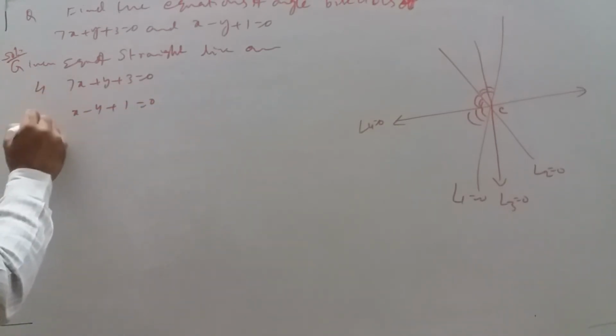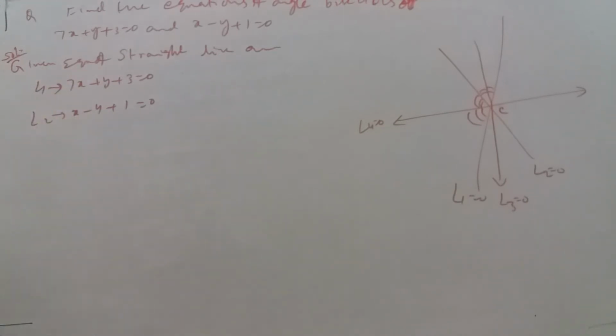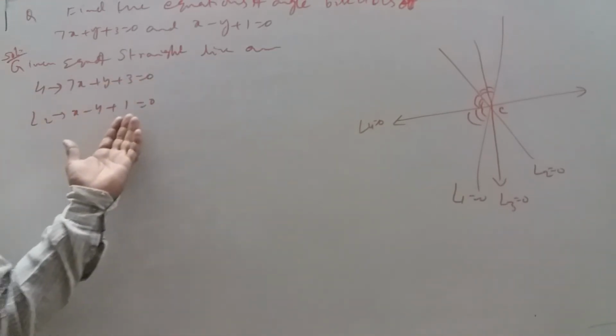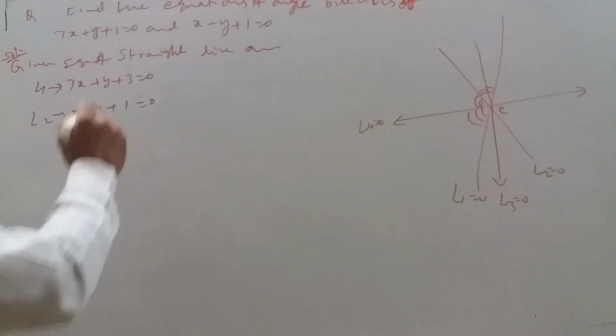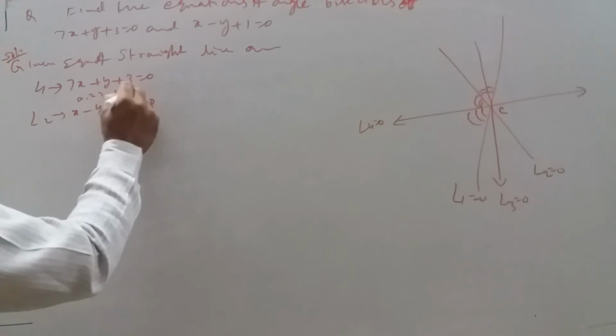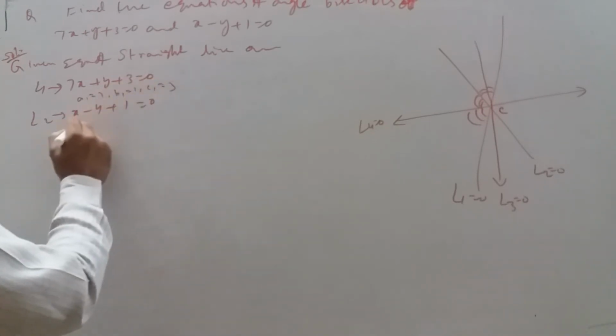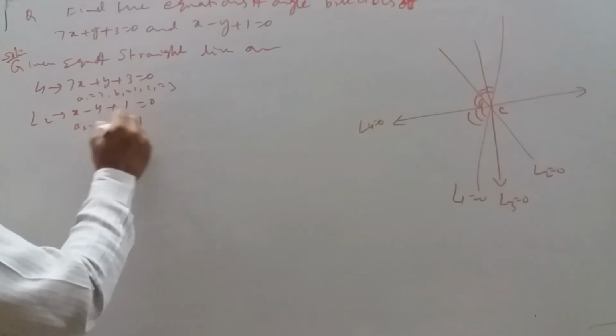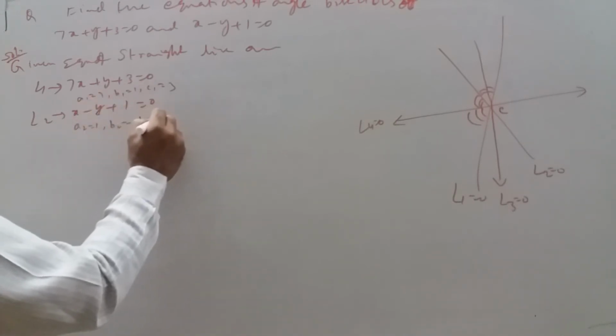Let this be L1 and this be L2. That means a1x + b1y + c1 = 0 and a2x + b2y + c2 = 0. That implies a1 = 7, b1 = 1, c1 = 3. Similarly, a2 = 1, b2 = -1, c2 = 1.